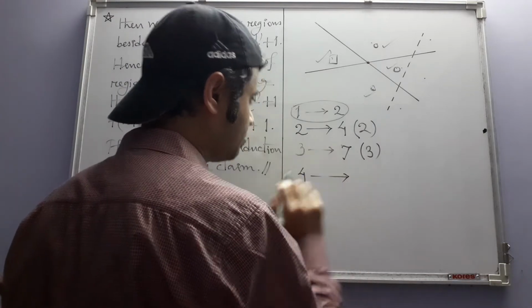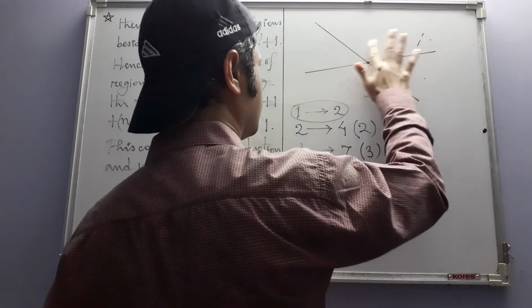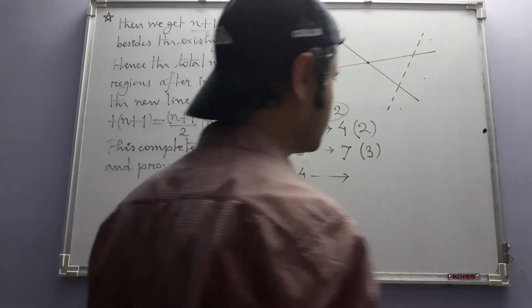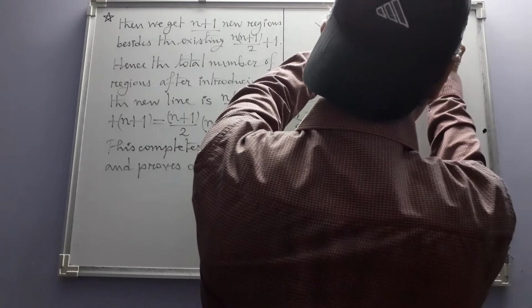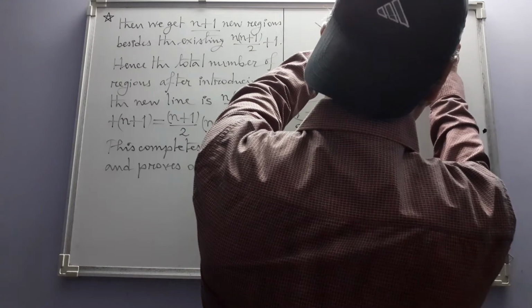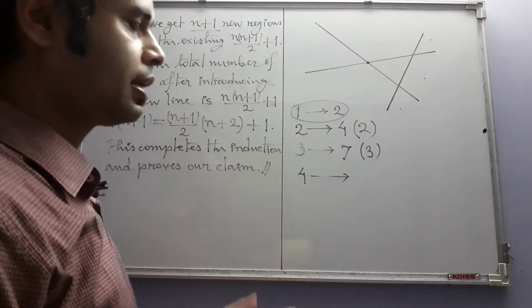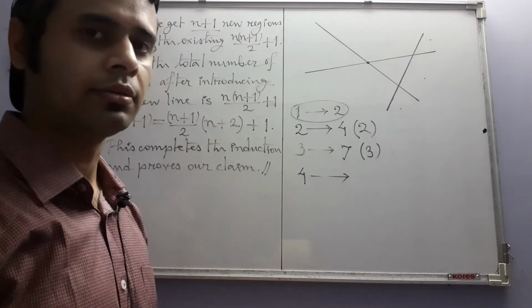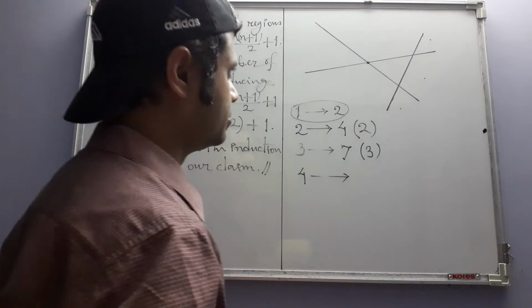Let us draw one more line. So this now becomes our regular line, one of these lines. And now one more line. We can also draw that one more line in any manner we want. It will not affect the number of newly generated regions.